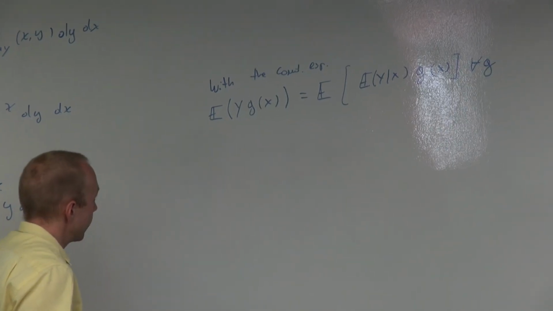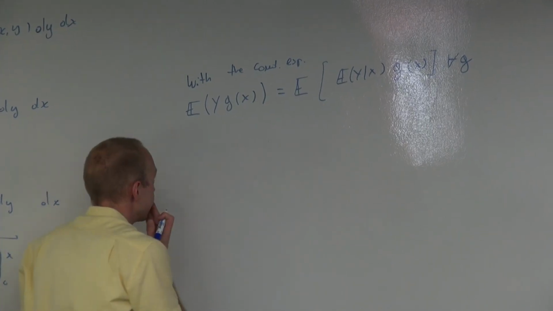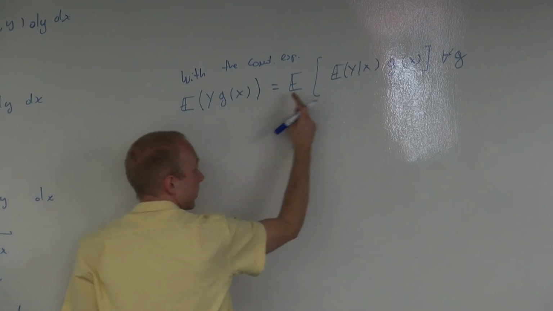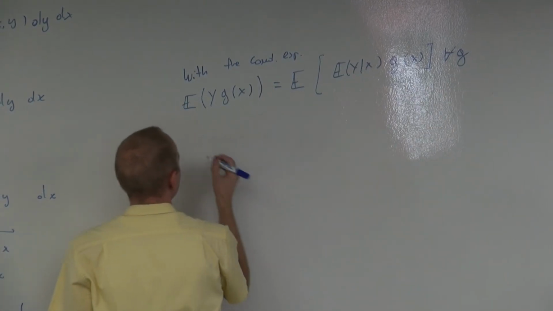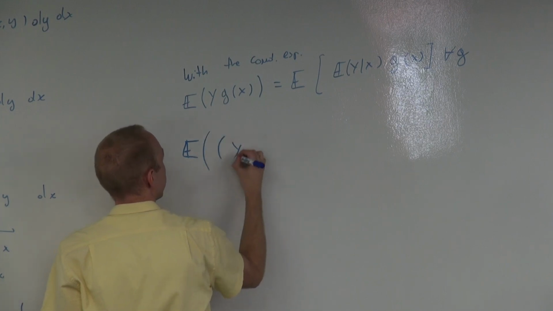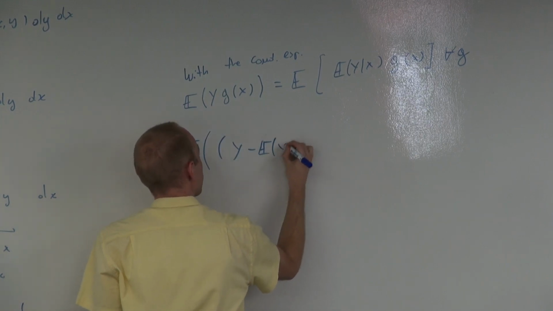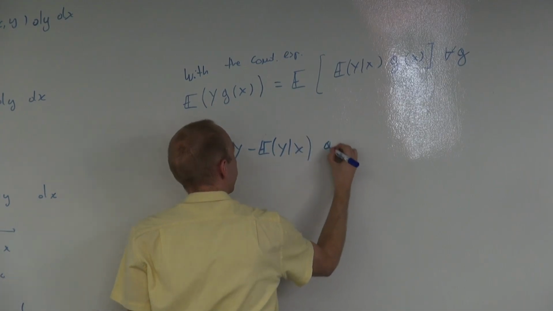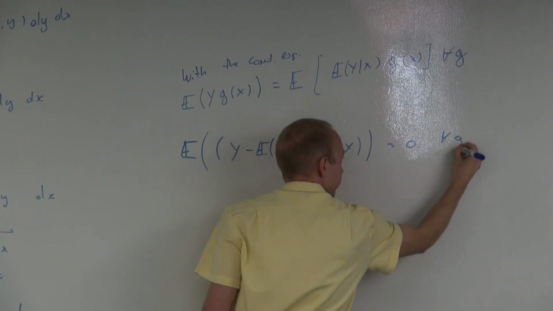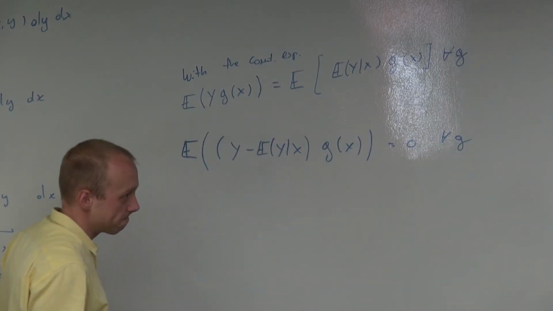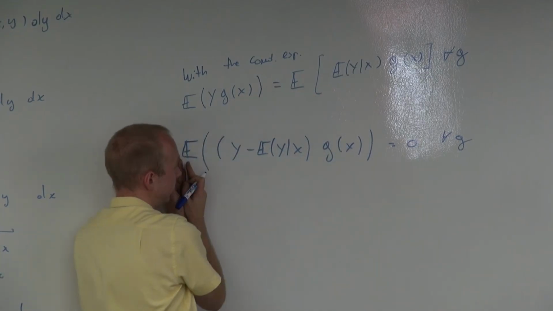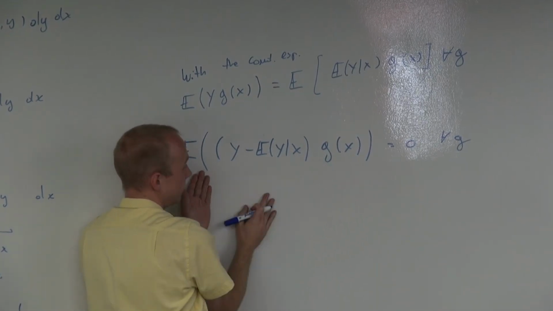Now, without doing big magic, if you bring this to the other side, you get a 0. If you collect terms on one side, you get this for every g. You move this here, you collect the expected value, arrange for the g, you have this.